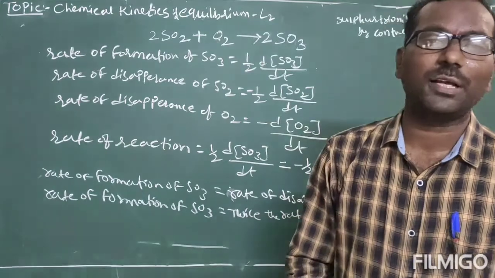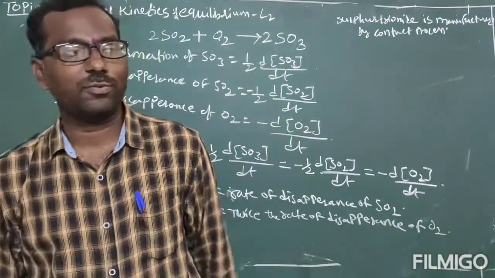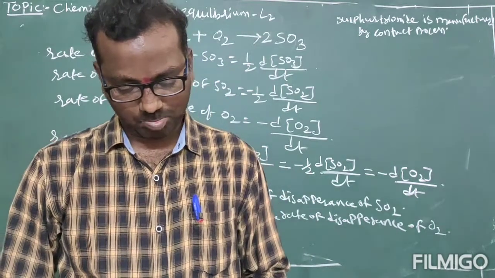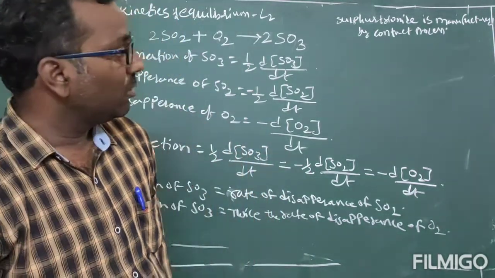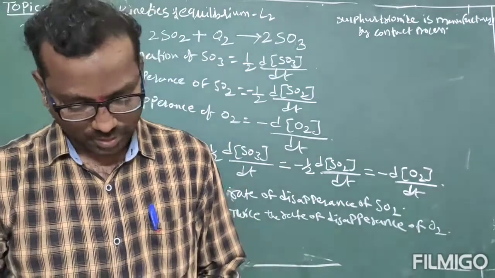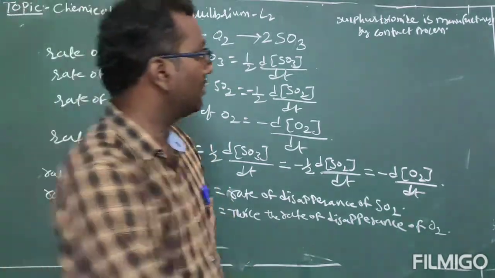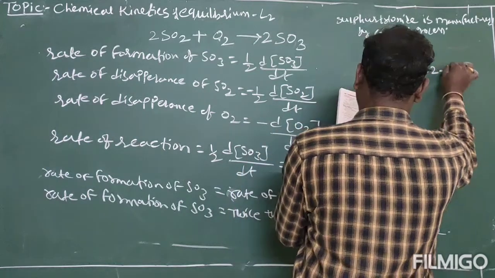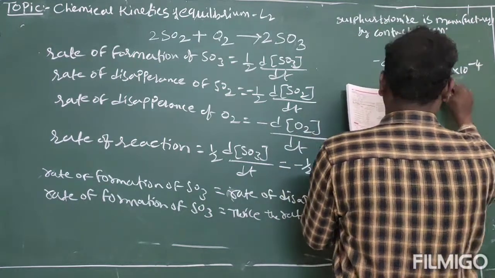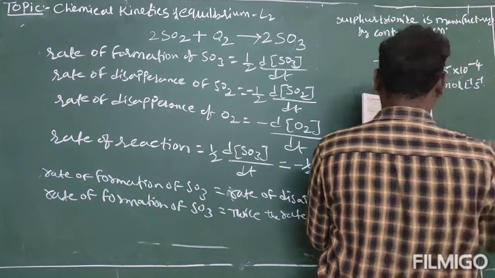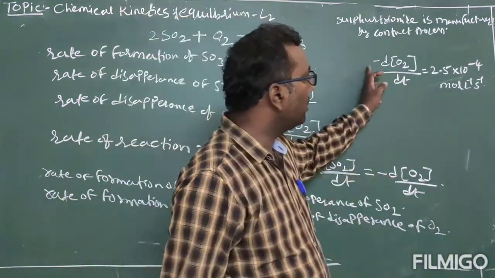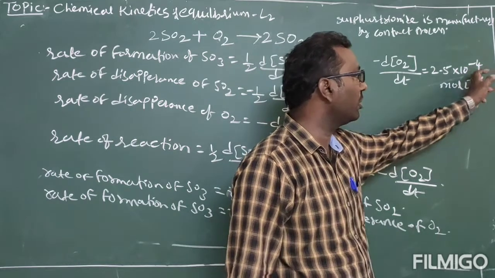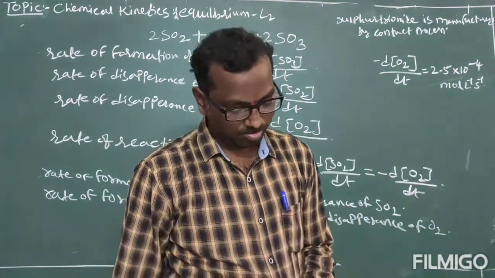In the formation of sulfur trioxide by the contact process, the rate of reaction was measured as minus d of concentration of O2 by dt is equal to 2.5 into 10 power minus 4 mole liter inverse second inverse.